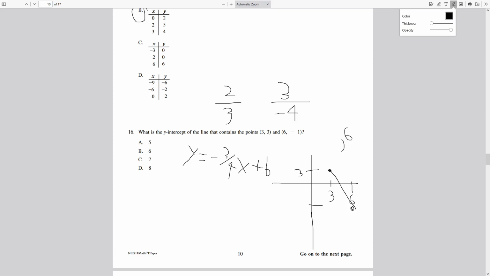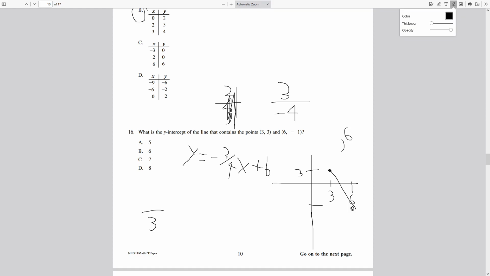Wait. Oh no, okay, that's wrong. To get from point 3 to point 6, you add 3. So the run is 3. To get from point 3 to point negative 1, you have to go down.